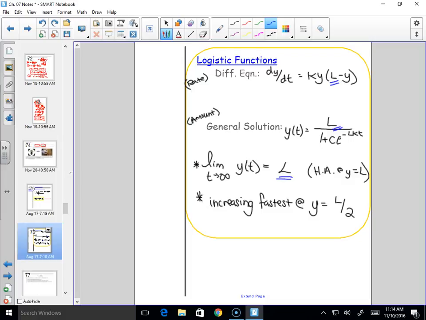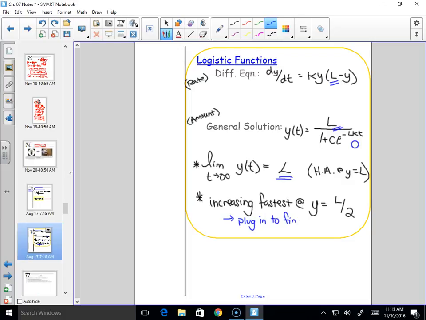However, if they're asking when, what are they asking you to solve for? T. When is time, right? So if they ask when it is increasing the fastest, this is the clue. However, we're going to have to use the clue and plug in to find t.